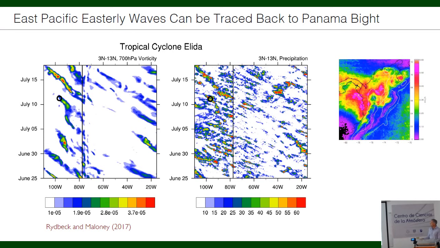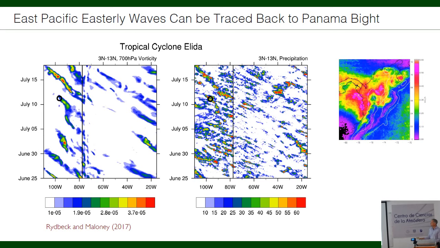This is longitude, and this vertical line indicates where the Bight of Panama is. What you can see here are westward propagating disturbances that move from this region into the Eastern Tropical Pacific. Interestingly, you don't really see much. This, I think, is a vorticity plot showing the rotation of the disturbances, and you don't really see much evidence.